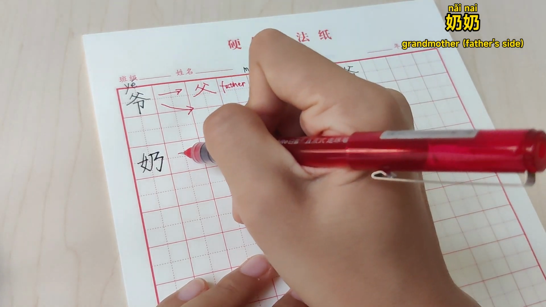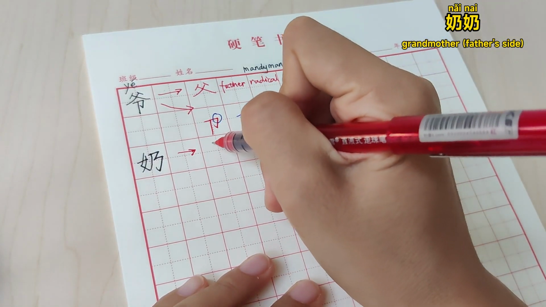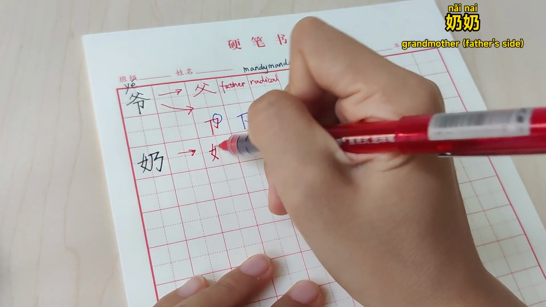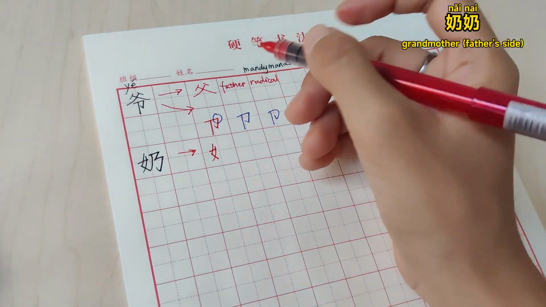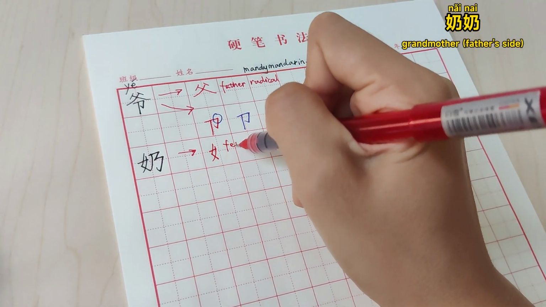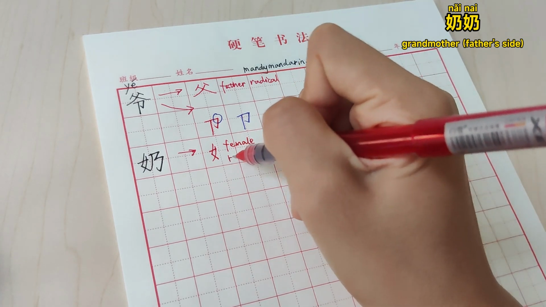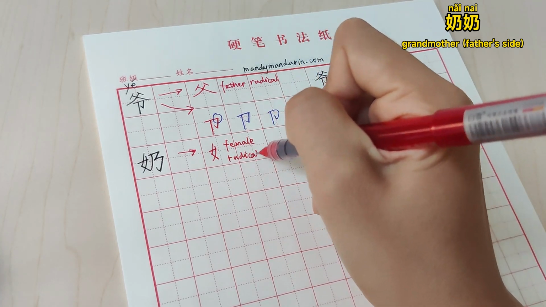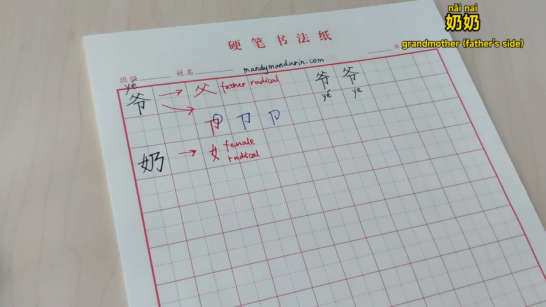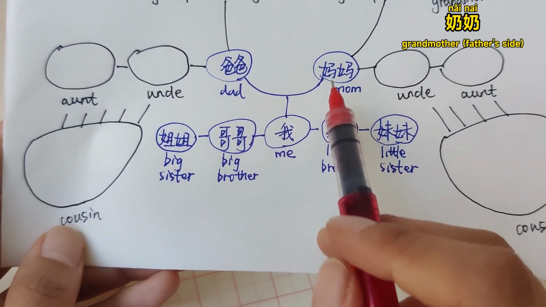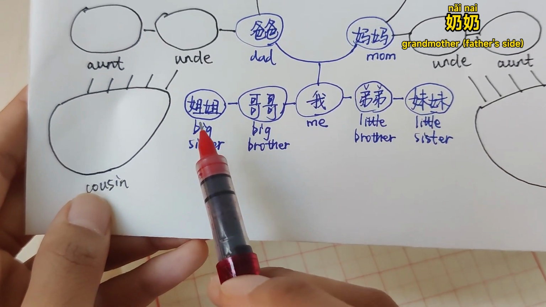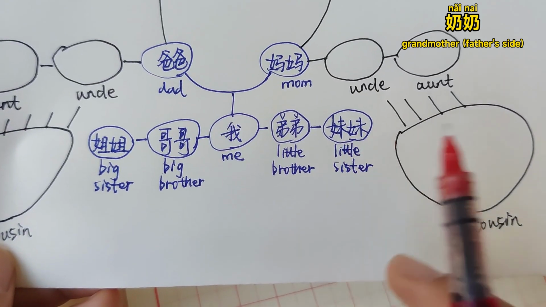So let's take a good look at it. On the left, this is our old friend, female radical. We can see it in the words like 妈妈, 姐姐, and 妹妹.